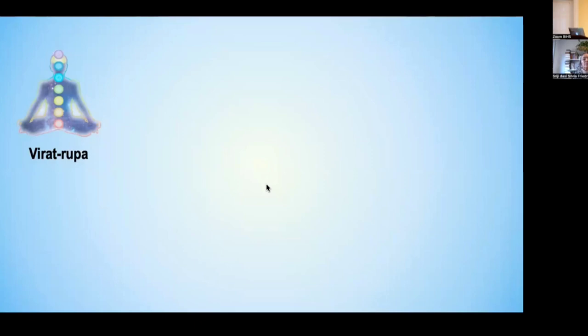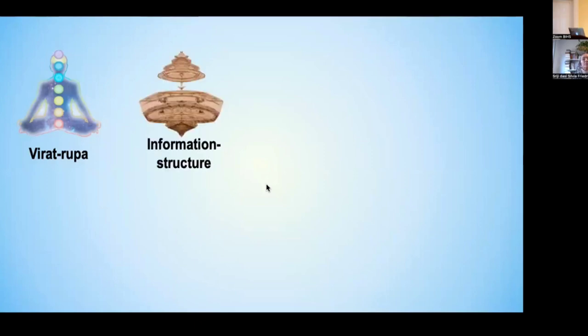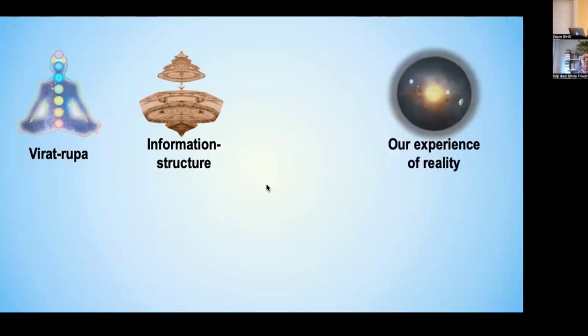You have the Viratarupa activated. You have an information structure that manifests from it, which is what we are reading and understanding in the 5th canto of the Bhagavatam. As I say, more than a map, it brings together ways in which the universe can manifest realms for the experience of the jivas.